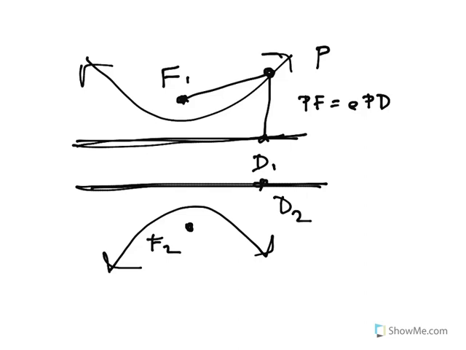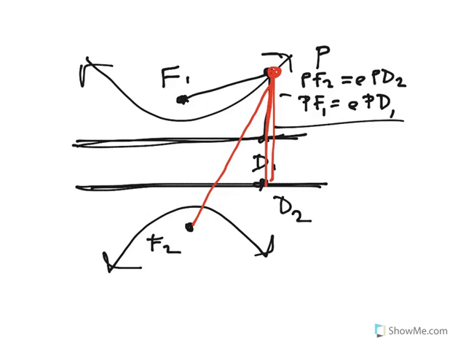Because if those are the focus and directrix, then from this point P here, it would be true that this would be equal to eccentricity times this for the other directrix. So I'm going to put a 1 here and here, and above it, PF2 is the eccentricity times PD2.